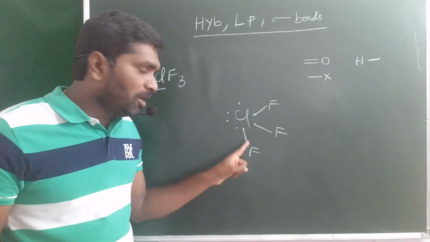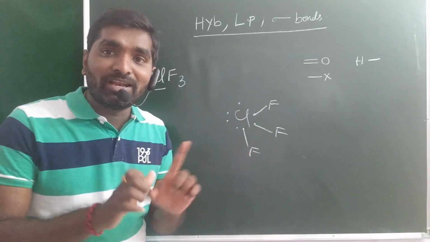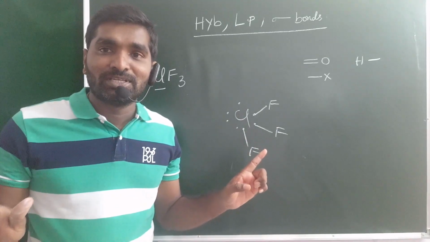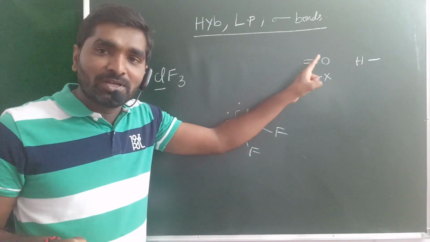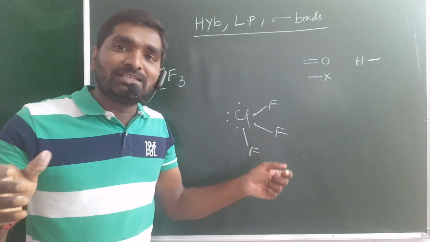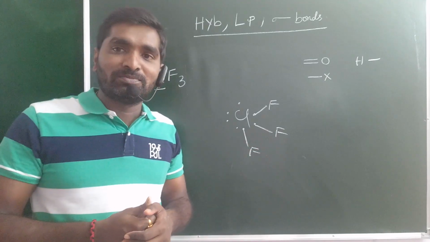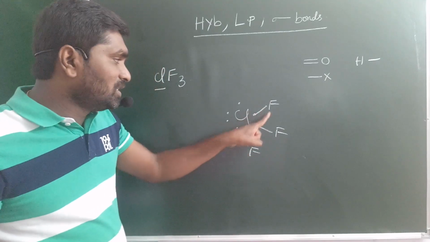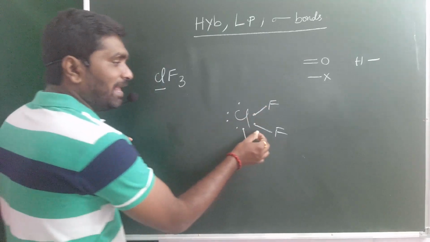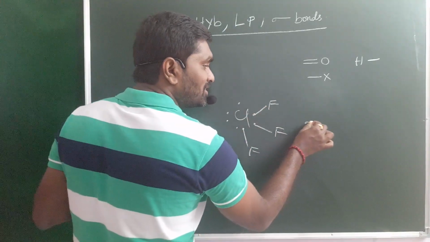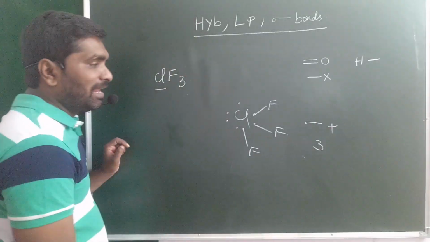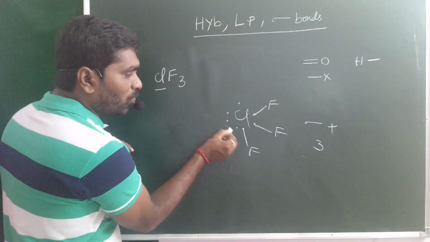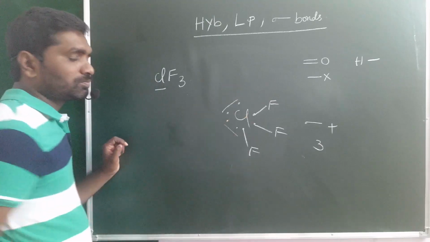Remember guys, the shape here may be wrong, as I don't tell about the shape. I just tell about the hybridization, lone pairs and sigma bonds. Shape and geometry we'll discuss in the next class. So for ClF3, the number of sigma bonds is 3, plus the number of lone pairs, 1, 2.